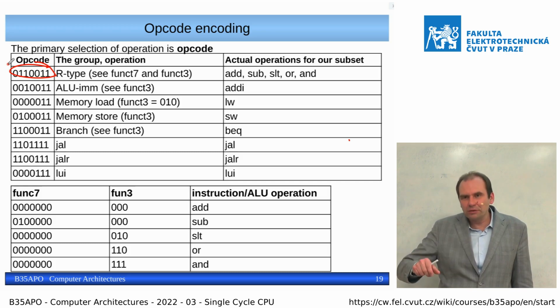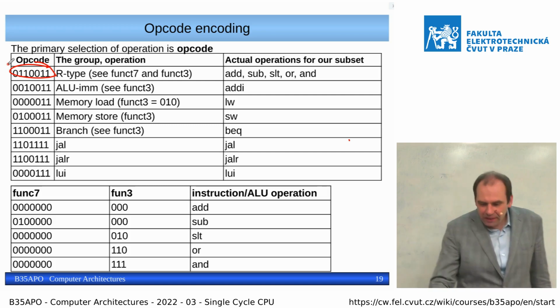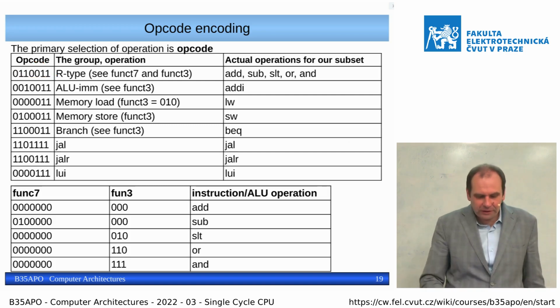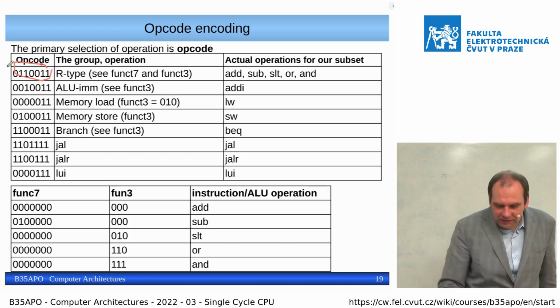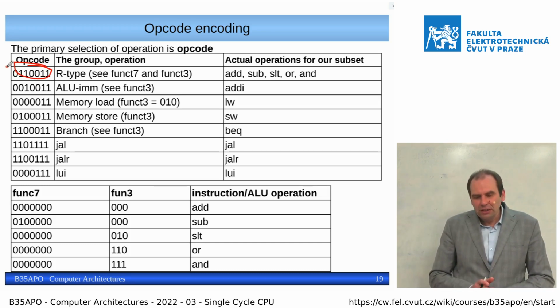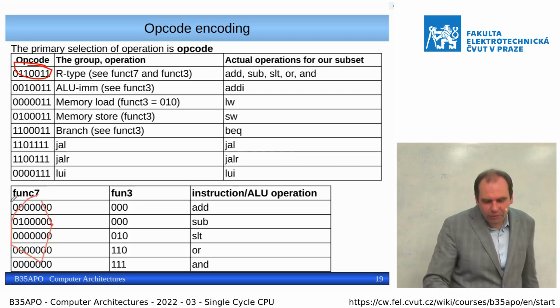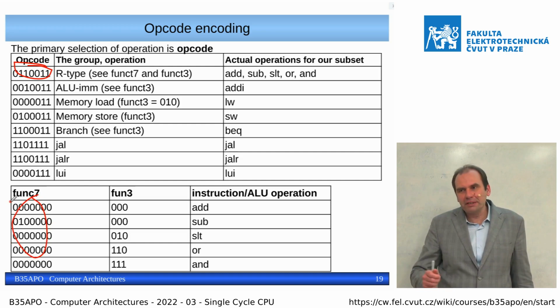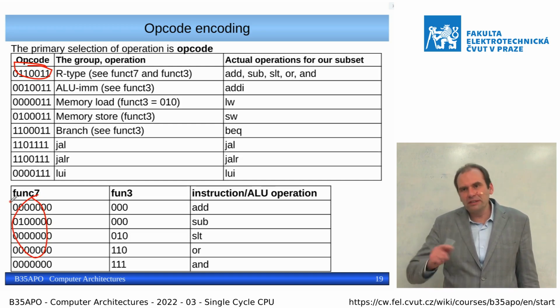So we can reuse them to encode if it is plus, minus, and so on. And from the circuitry of the CPU, it is easy, because this encodes that it is some arithmetic logic instruction. It sets up the data path, and those function bits only control what will happen in the arithmetic logic unit. We will see it later.